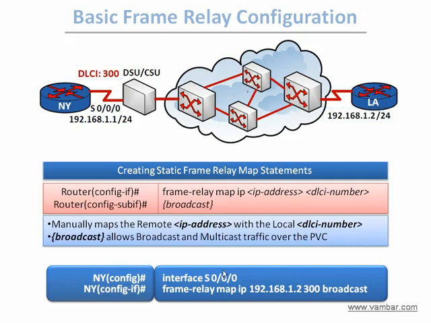Now this command will allow broadcast, multicast, any kind of traffic to traverse over the PVC. Also, this entry is static, so it's not dynamic, so we don't have to wait for inverse ARP to create the statements for us, and we can simply send the actual packets around. And that's what this command will do.